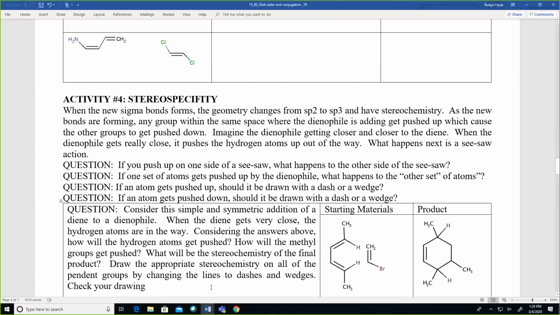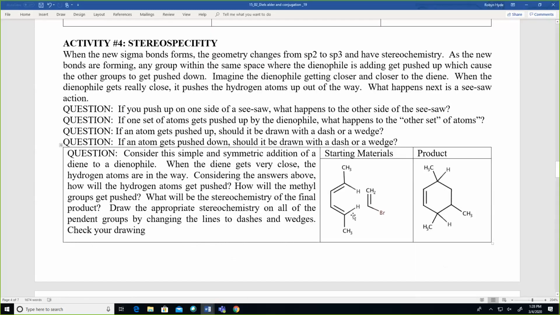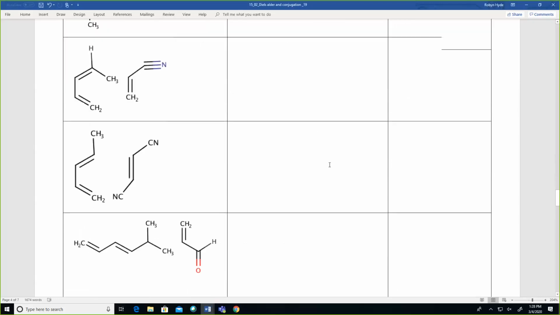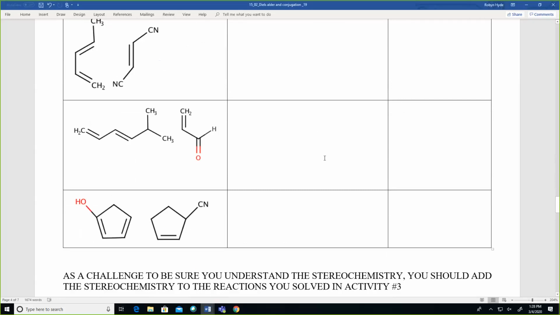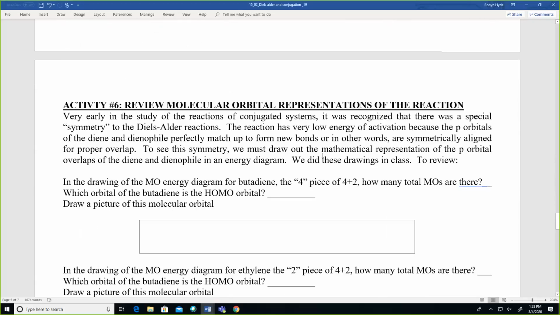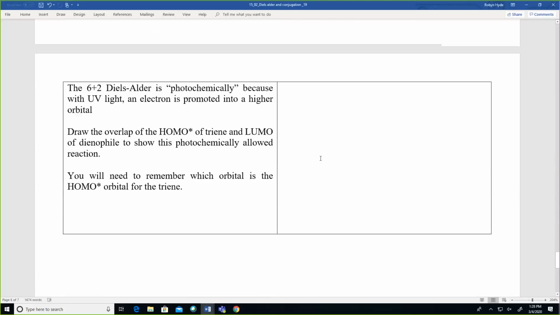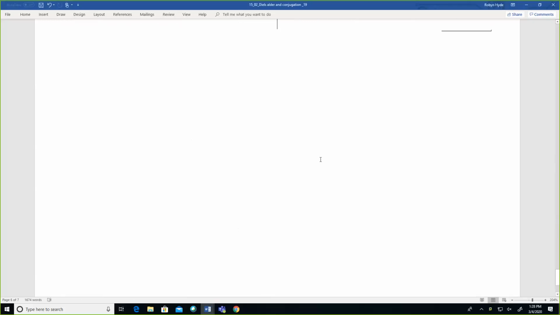And then even more practice problems on drawing the reaction mechanism and drawing the product. So you have lots of different practice problems. At the very end of this worksheet is another section making sure you do understand the molecular orbital theory. And so that will complete our Diels-Alder chemistry.